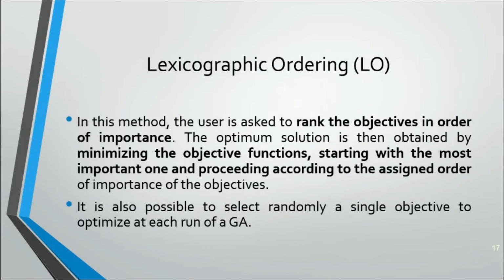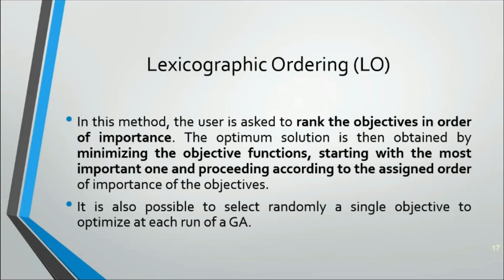Then there is another method of non-Pareto optimal conditions, that is the lexicographic ordering. In this method, the user is asked to rank the objectives in the order of importance. Each objective is ranked according to its importance. So the optimal solution is then obtained by optimizing the objective functions, starting with the most important one and proceeding according to the assigned order of importance.